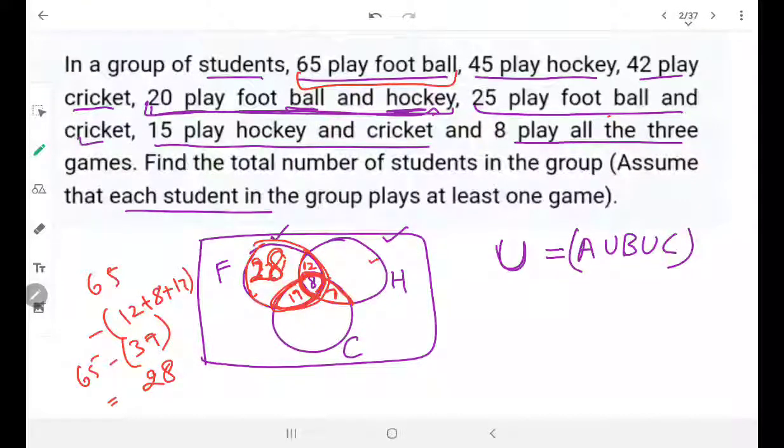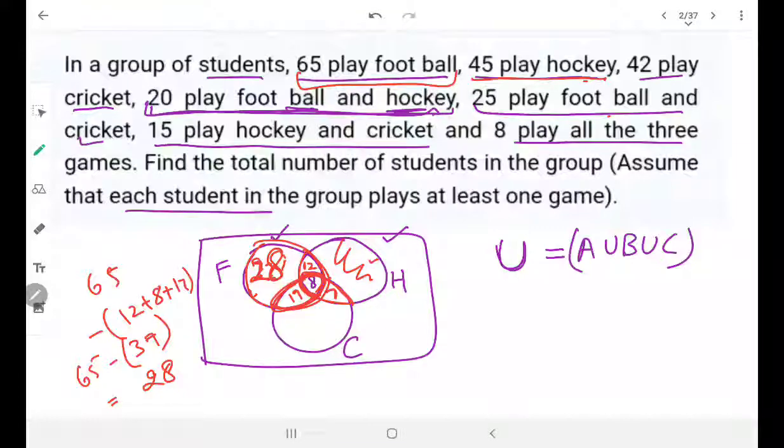Similarly, how many students are playing hockey? Hockey is played by 45 players. But those 45 are not this area. This is hockey only. Here it is written 45 play hockey. That means out of those 45 players, some can play some other games as well.